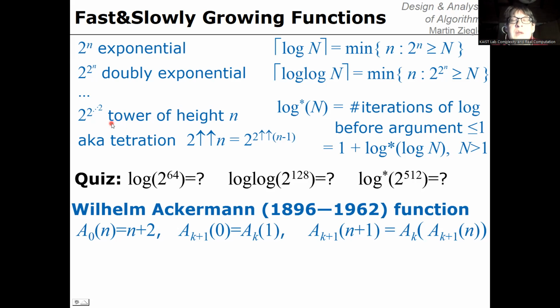Repeatedly taking exponentials, that's the tower function, the tetration. And now what is the next level up? Well, the next level is repeatedly tetrating, repeatedly towering. And Ackermann formalized this idea into his sequence of functions.